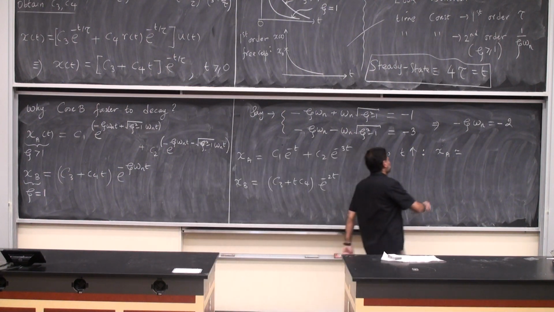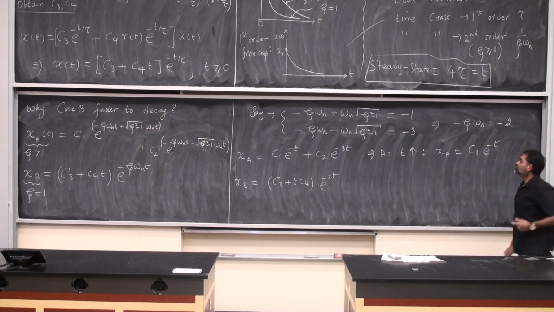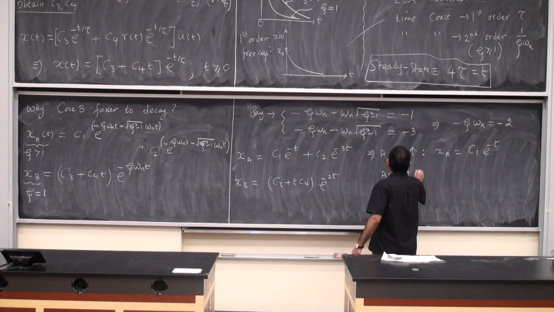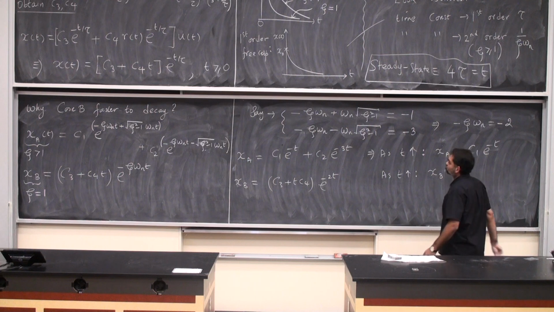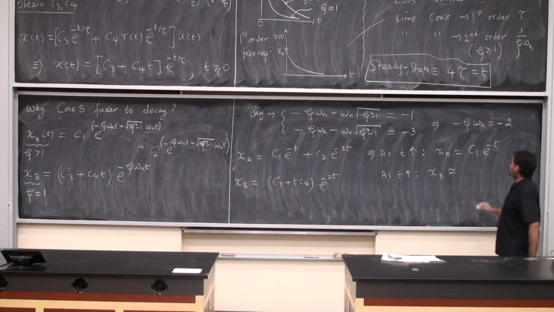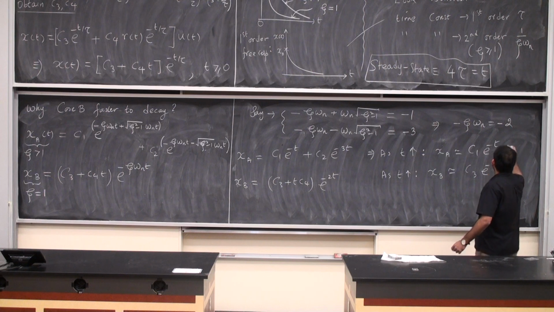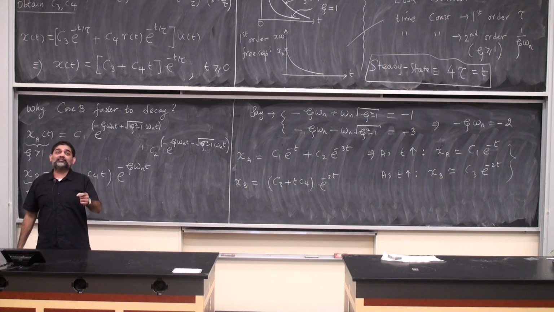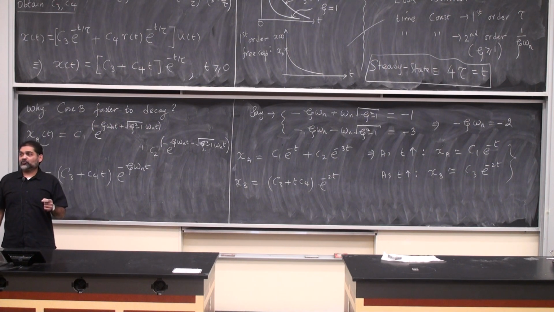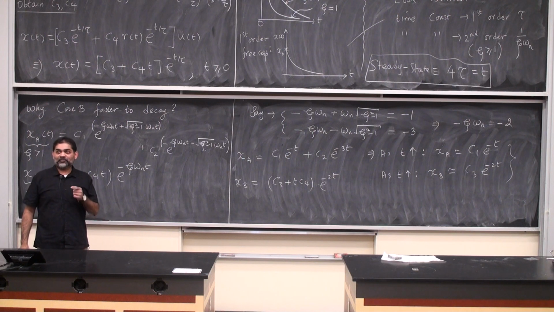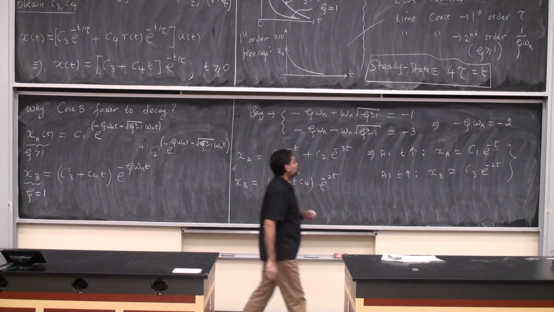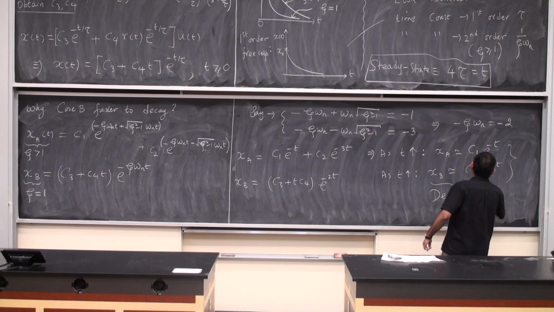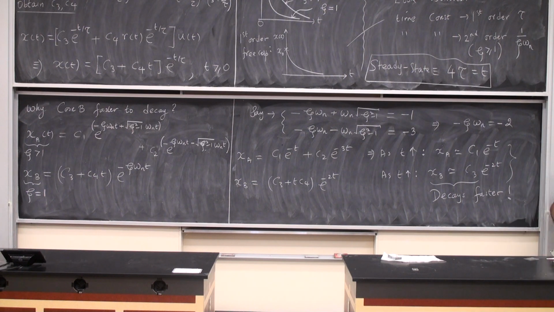So as time grows larger, the second situation I can say is more or less going to be dictated by e to the power minus 2t, and you obviously know which one is going to decay faster. Is it e to the power minus t or e to the power minus 2t? It's going to be e to the power minus 2t, which is obviously the case of the critically damped system. So this decays faster. Okay, this is as time increases.